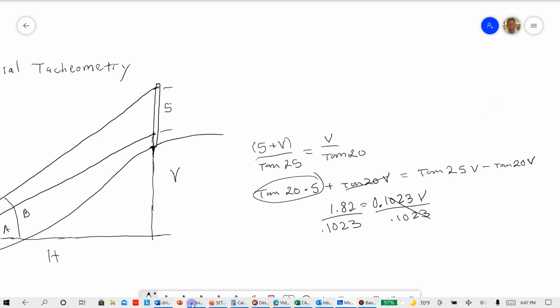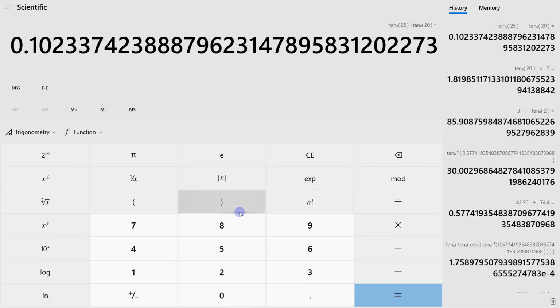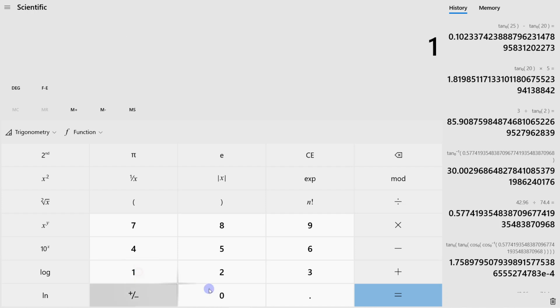This might work. It's been a while since I looked at it, right? So 1.82 divided by 0.1023. I always had trouble with this. It never has the numbers in there.